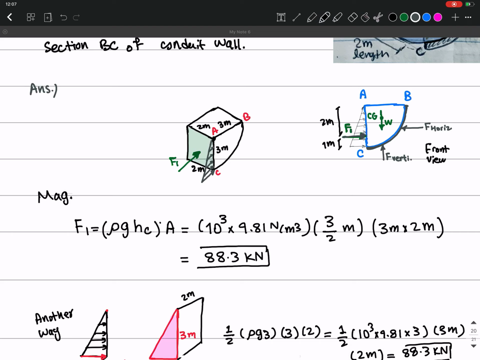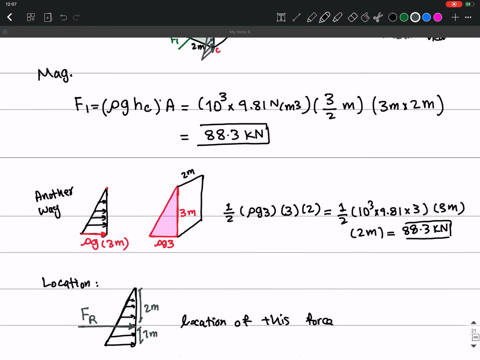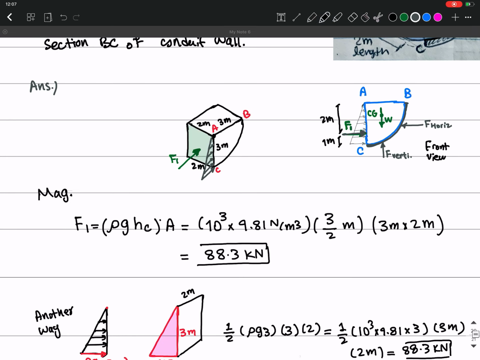And now let's calculate the second force, which is the weight of the water. So W, the weight of water, is going to be what? It's going to be all this volume that we have, times the density.